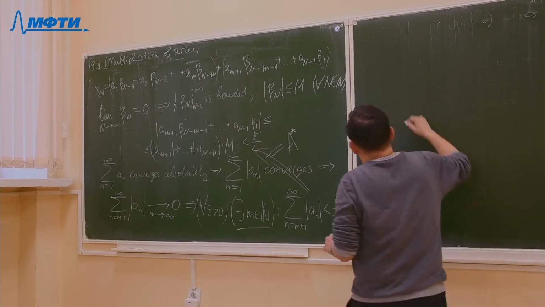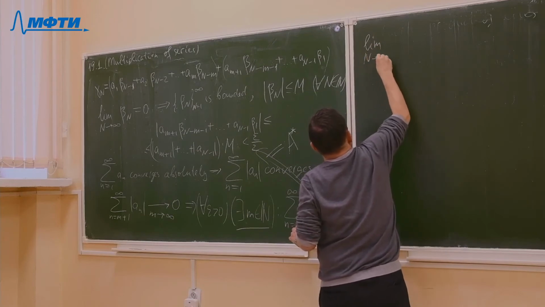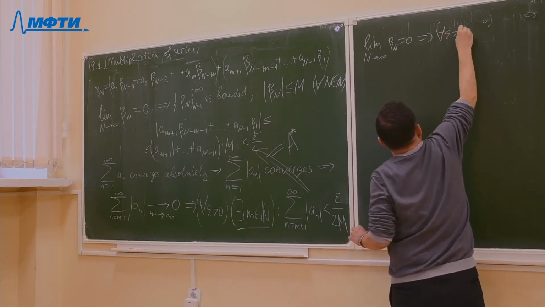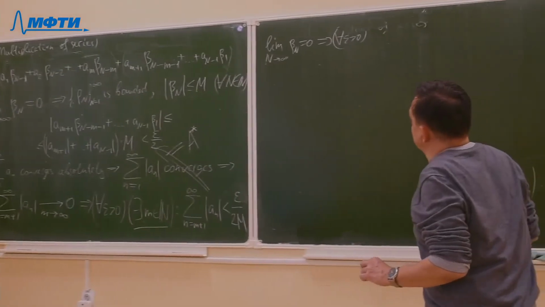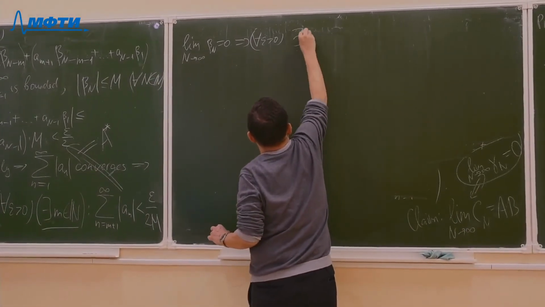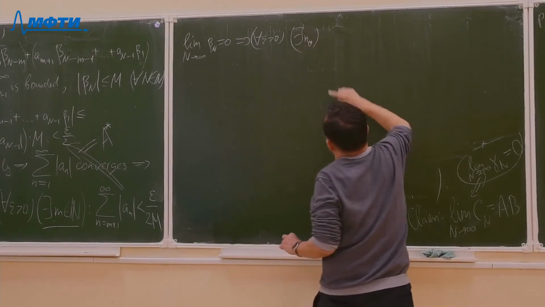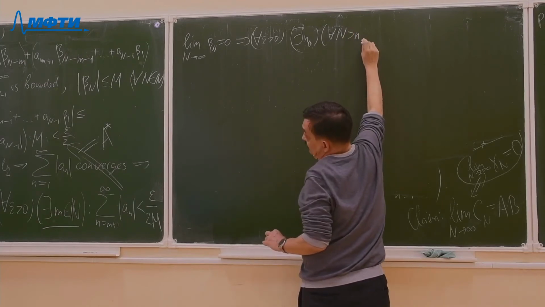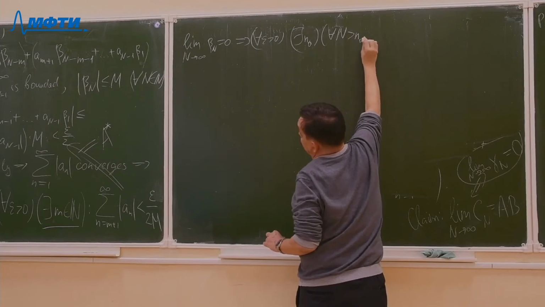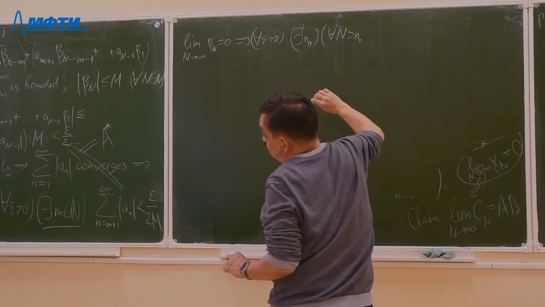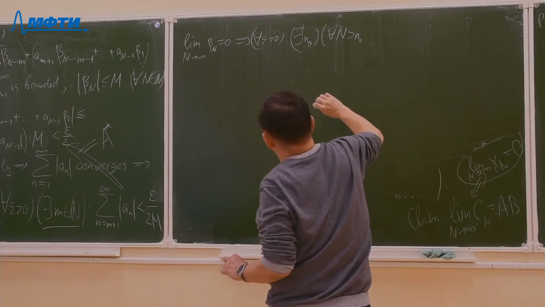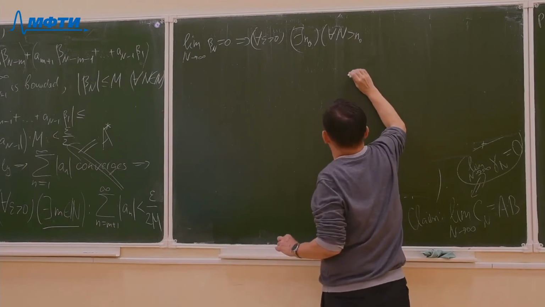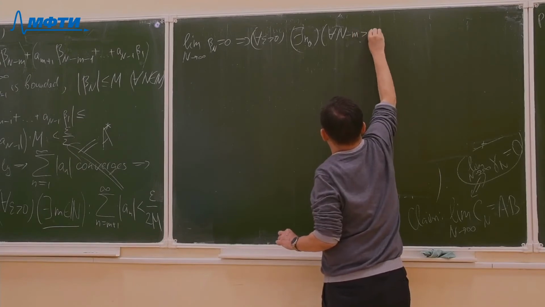Now, the limit of beta n equals 0, hence for arbitrary epsilon there exists, let's say, n naught, such that for all n greater than n naught, I will choose just here n minus m greater than this n naught.